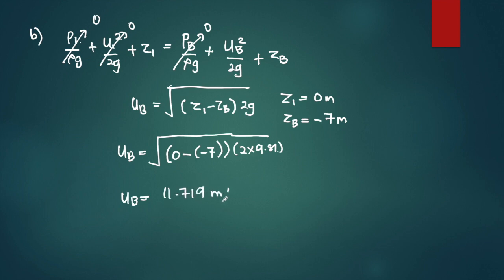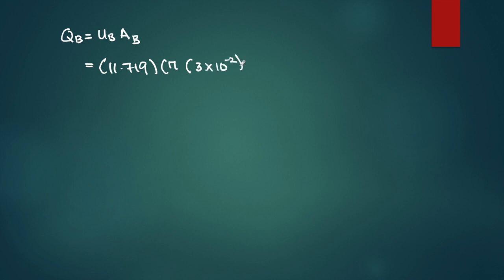So your UB is equal to 11.719 meter per second. To find the discharge, you have to multiply your velocity at point B with the area at point B. So your QB is UB times AB. So UB is 11.719 times pi, the diameter at B is 3 times 10 to the power of minus 2, squared over 4.